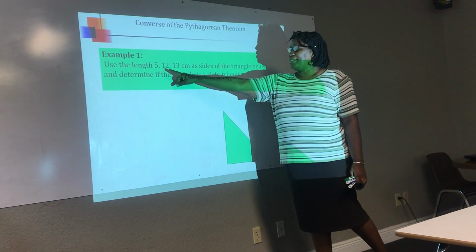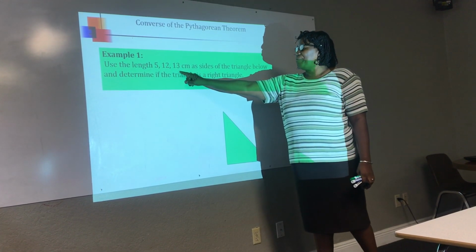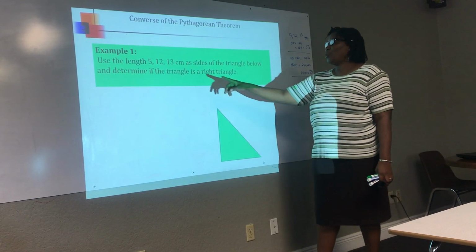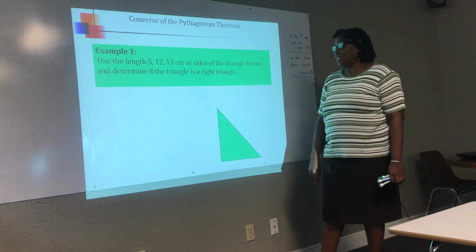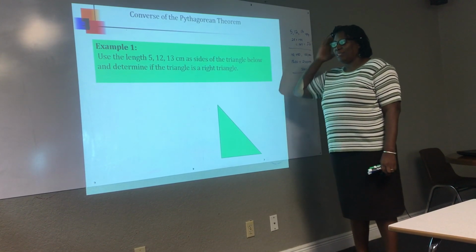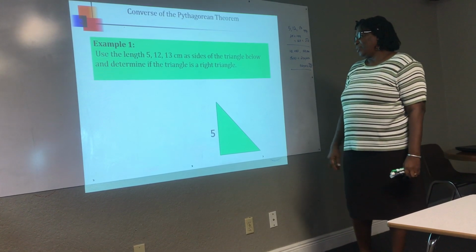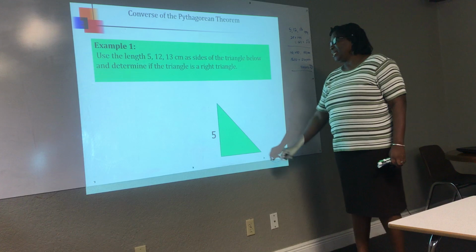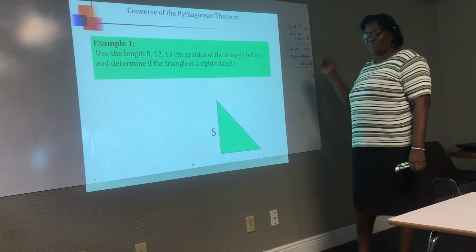In this example, it says use the lengths 5, 12, and 13 centimeters as the sides of the triangle below and determine if the triangle is a right triangle. So first we're going to label the triangle with the sides. We know 5 is one leg, and the other leg would be 12.